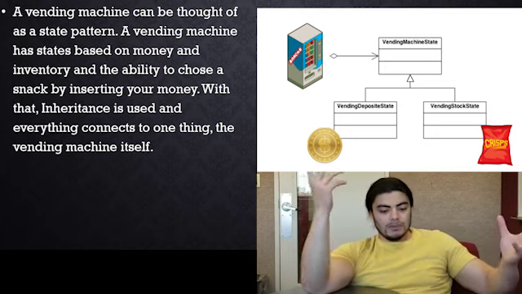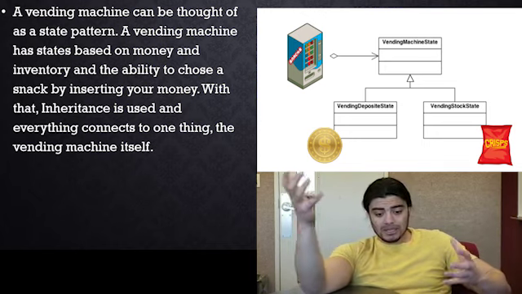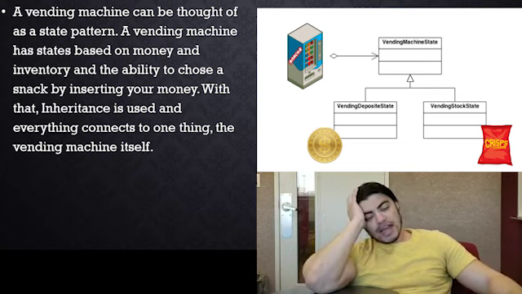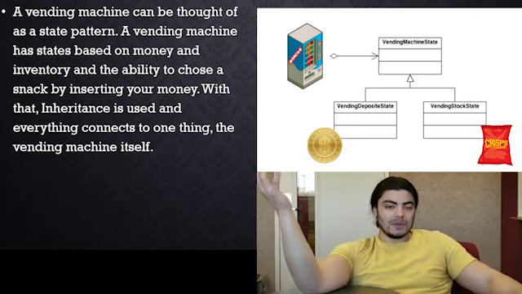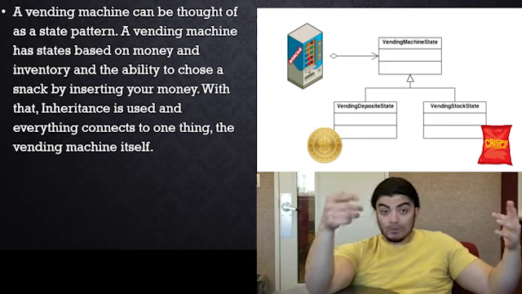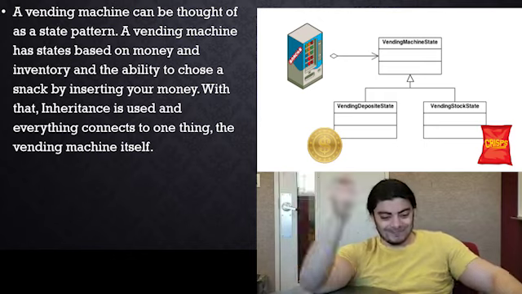A vending machine has states based on money and inventory and the ability to choose a snack by inserting your money, correct? So with that being said, inheritance is used for everything, and everything connects to itself. So you put the money, you choose a snack, you get your snack. You don't put your money, you don't get your snack. So kind of like 2 states.